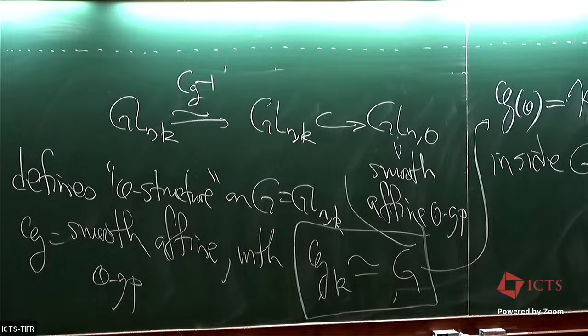So what leverage do we get by using these integral structures? If you take GLN over O, then you have a map to GLN over the residue field. Inside of here, you have various interesting subgroups.